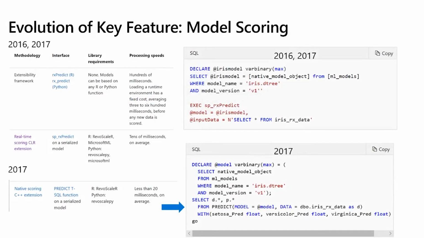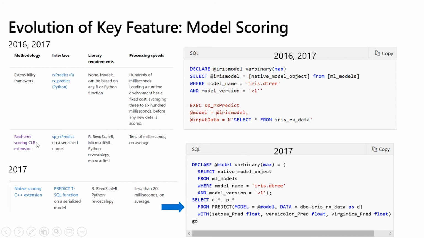I want to speak a little bit about model scoring and the evolution of that as a key feature. So in 2016 and 2017, when we built the extensibility framework, it was really just to leverage the available R and Python in machine learning services.